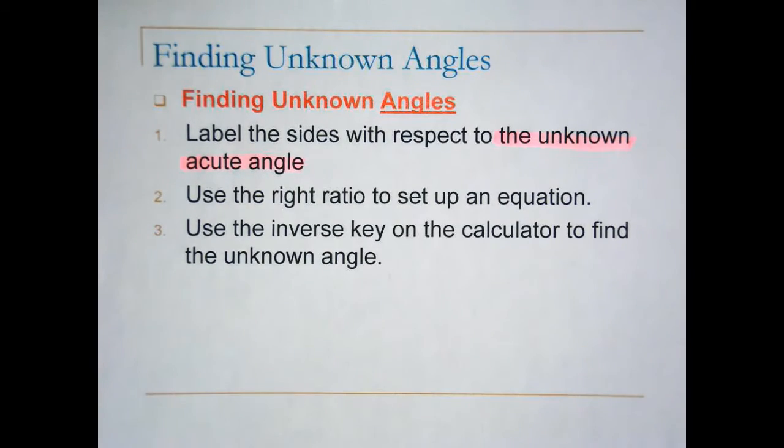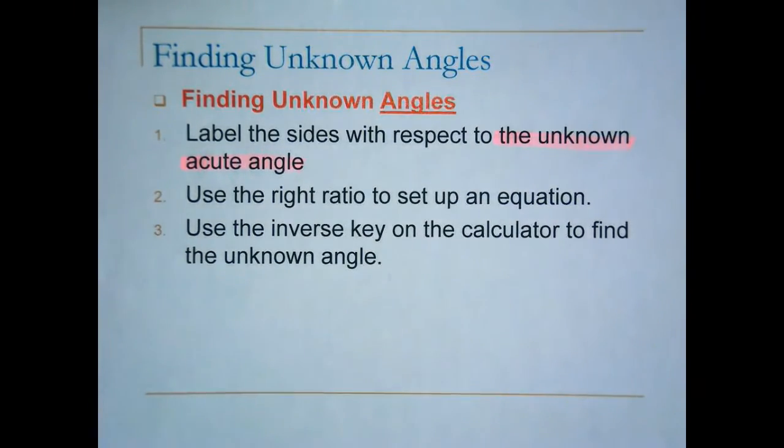Then figure out which sides are given to you, and based on the sides given, decide which one of the ratios will work for you, and then you set up your ratio and find the angle using your calculator.